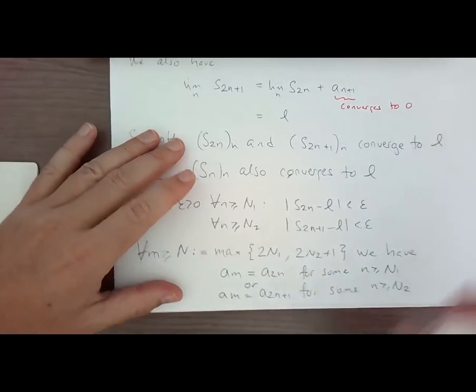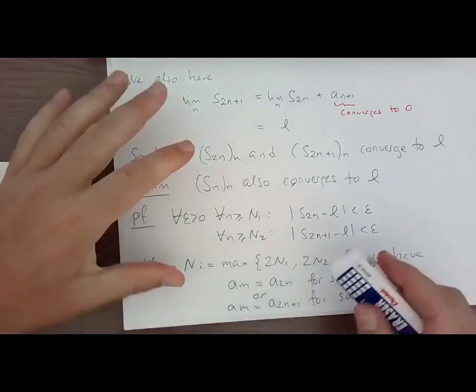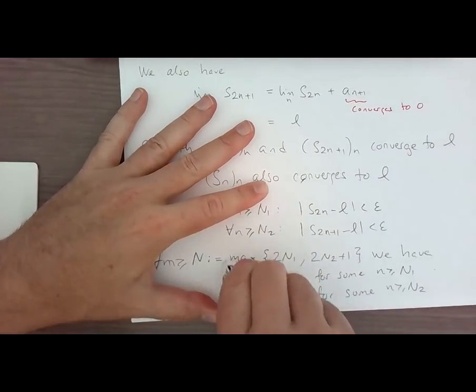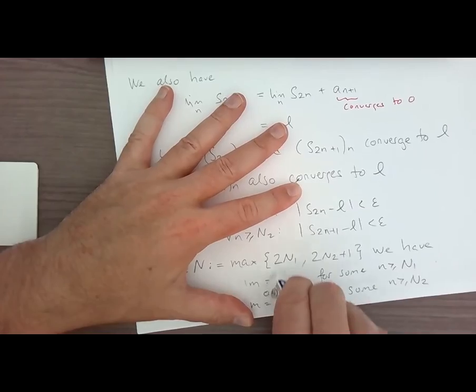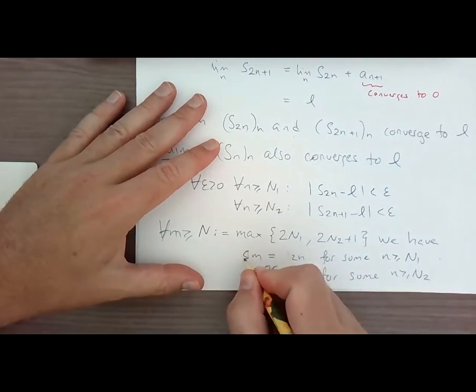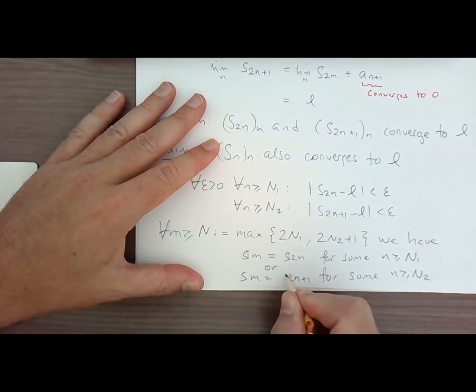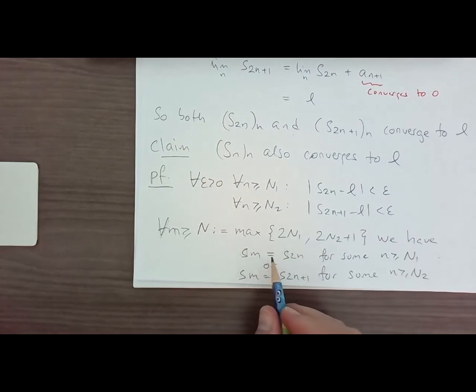I switched it around now. This should not be switched around. Shouldn't be a's, it should be s's. The only play I'm doing here is when I'm taking a natural number, that natural number is either going to be odd or even. That is, m here is either going to be odd or even. If it is an even number, it's going to be equal to 2n. If it's an odd number, it's going to be equal to 2n plus 1.